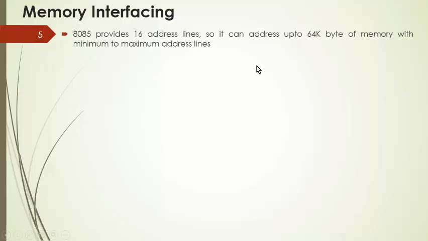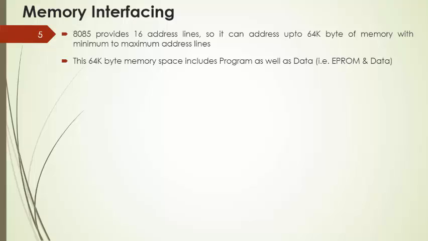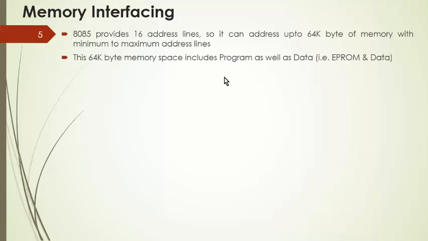As I said, 8085 provides 16 address lines, so it can address up to 64 kilobytes of memory, with a minimum of 1 and a maximum of 16 address lines. That is 2 bytes to 64 kilobytes of memory capacity.